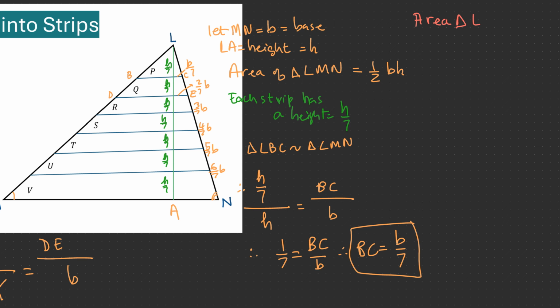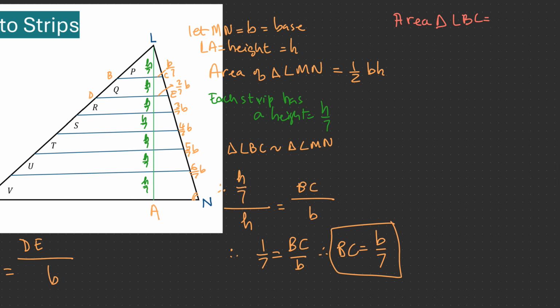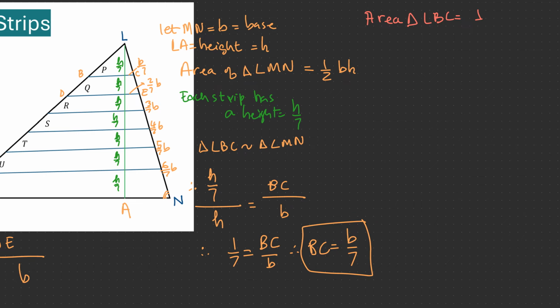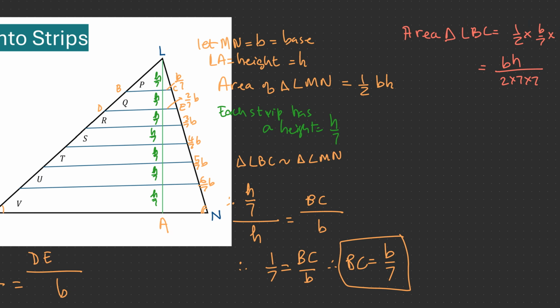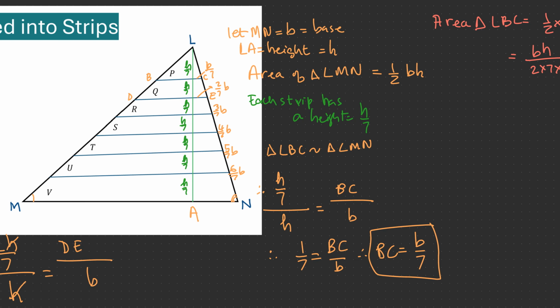Triangle LBC equals half times base times height, so half times the base is B over 7 times the height is h over 7. So that is equal to BH over 2 times 7 times 7. I'm not multiplying it out because this is not the desired result, okay? So it's not really 1/7 of half BH.